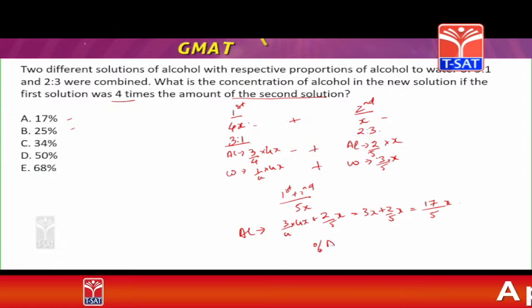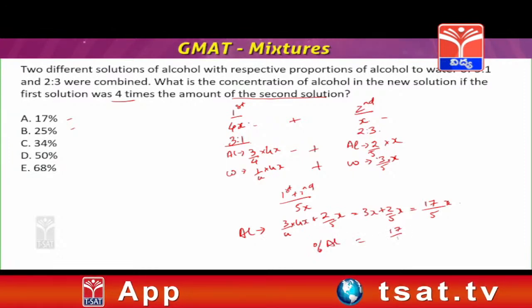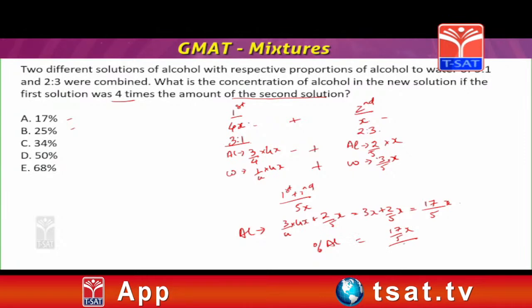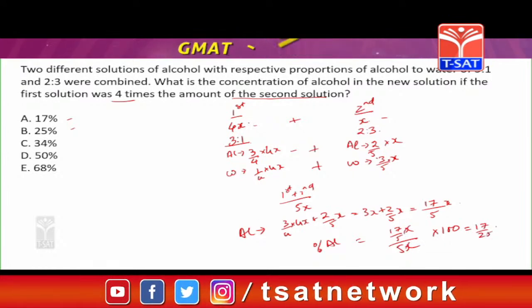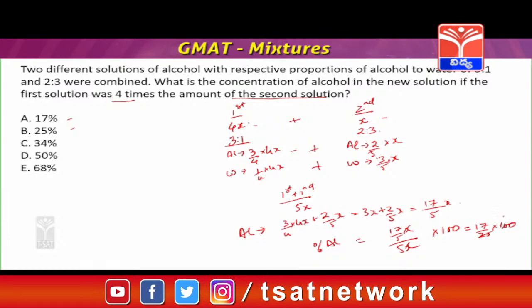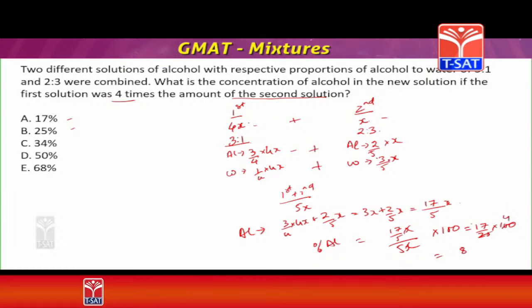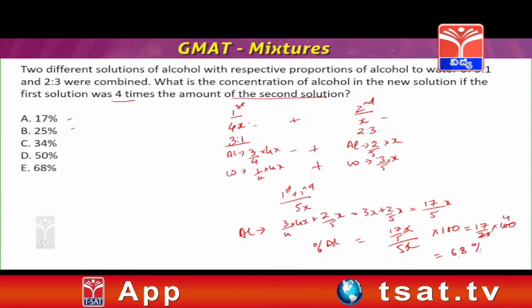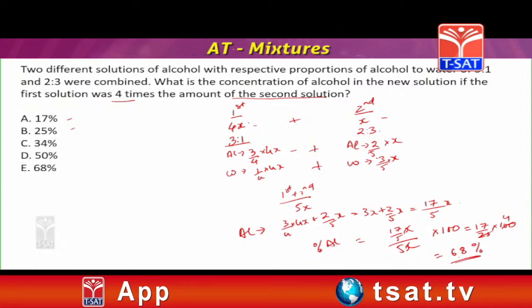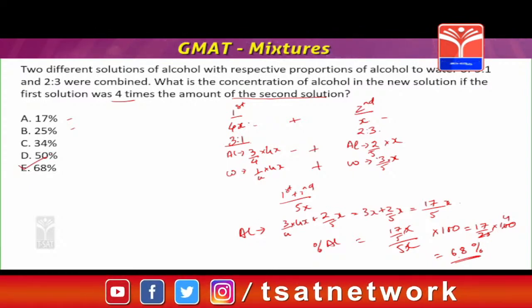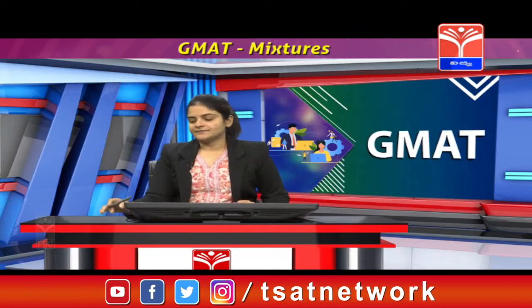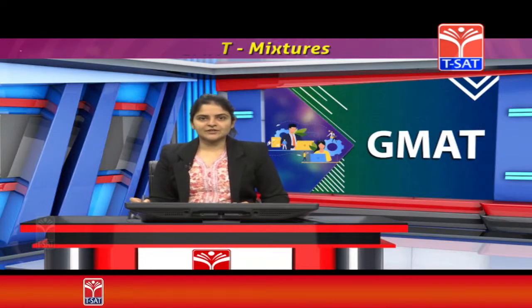Now you want percentage alcohol, which will be 17 by 5x divided by the entire volume, that is 5x into 100, which is equals to 17 by 25 into 100, 4 times 100, 4 7s are 28, 4 1s are 4, 68%. 68% is the answer, which is option E. This is the volume of total alcohol in percentage of this new solution, first plus second. Let us move to the next question now.